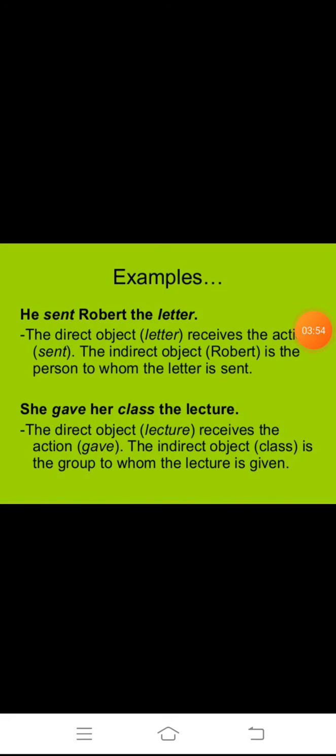Very simple it is. The direct object lecture receives the action gave. The indirect object class is the group to whom the lecture is given. To whom is the lecture given? Class. And what did she give? The lecture. So the what answer is the direct object and the whom answer is the indirect object.